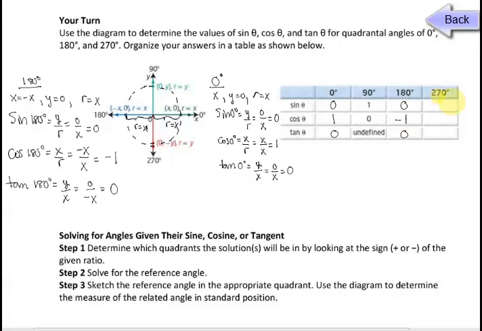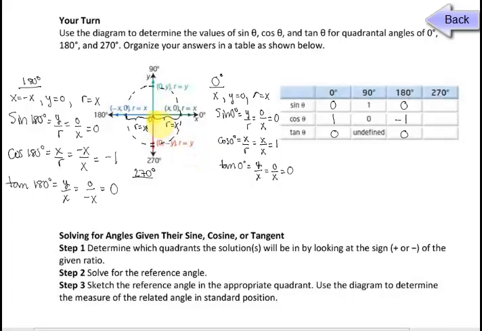Okay, so the last one on our table is 270 degrees, so let's take a look at that. At 270 we are back onto the y-axis, so our point on the y-axis has an x-coordinate of 0, which it would anywhere on the y-axis. Our y now is negative, right, because our direction is negative.